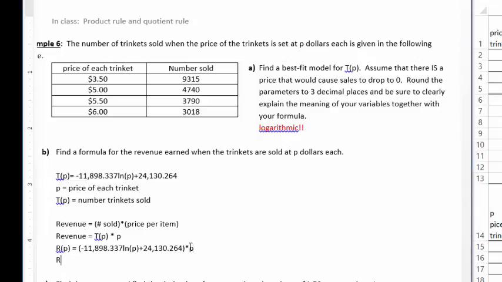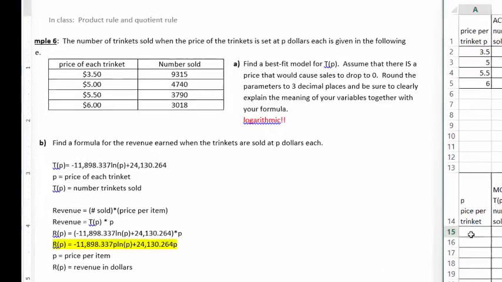I'm going to go ahead and simplify that one step here. I'm going to distribute the P to each term. We've got this first term with the negative 11,000 ln and then we have this second term, which is just the constant. So when we distribute the P, we'll get negative 11,898.337 P times ln of P plus 24,130.264 times P. So there is our revenue function.